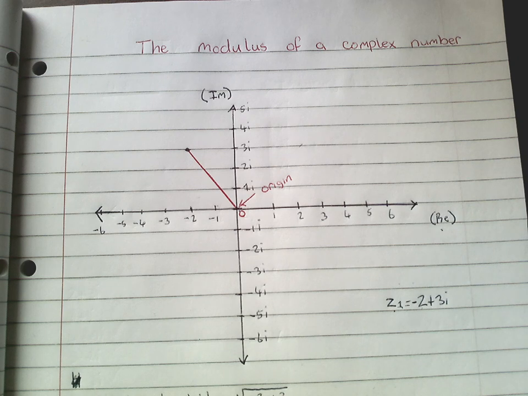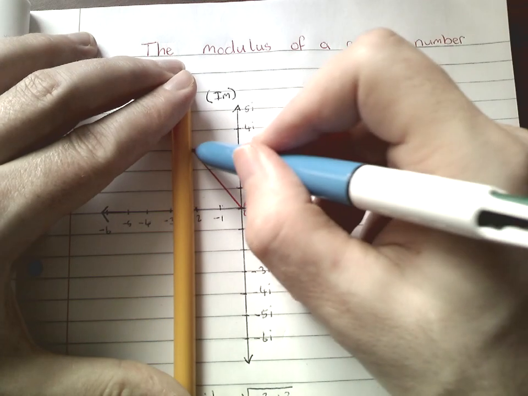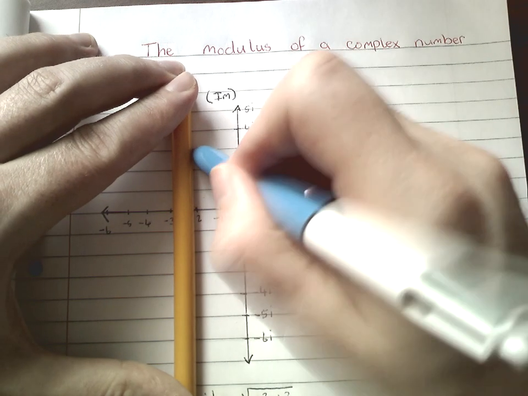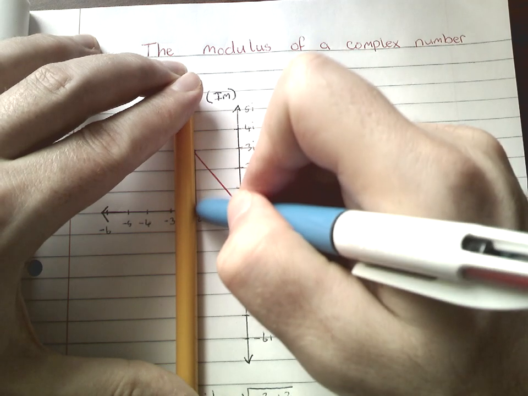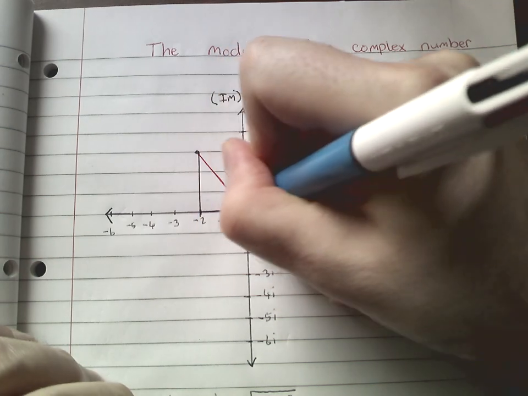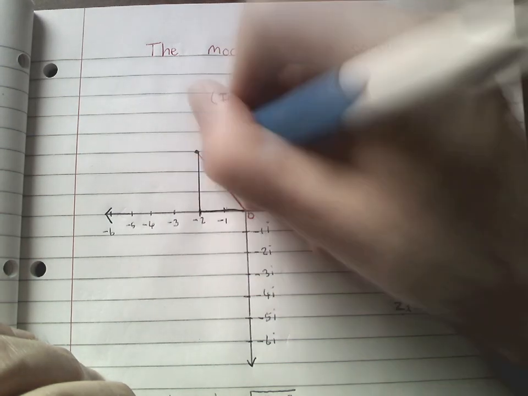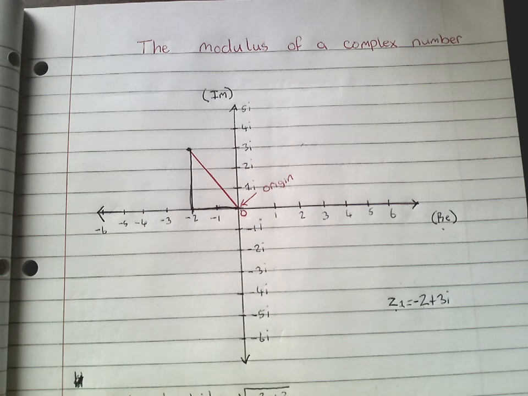What we'll notice is that if I draw a line down from here to here, and I make this bold, I actually have a right angle triangle here.